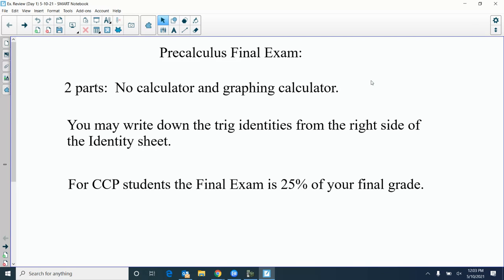Everything should be covered. There are 2 parts: no calculator and graphing calculator. You'll take those, and once you finish one, you'll do the other. Yours is that Monday, 10:40 to 12:05. And then you can write down the trig identities from the right side of the identity sheet like we have in the past, plus the law of sines and cosines.